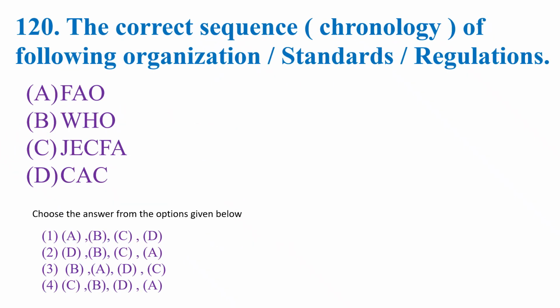Question 120. The correct sequence or chronology of the following organizations, standards, regulations. So the first is FAO, Food and Agriculture Organization. It is in 1945. WHO. So it is World Health Organization. Basically, it focuses on global public health. That is 1948. JECFA.